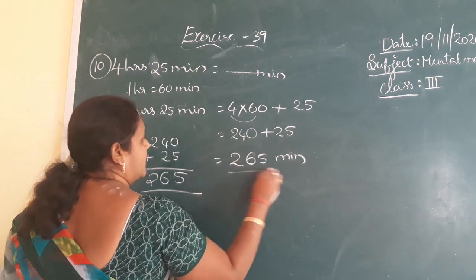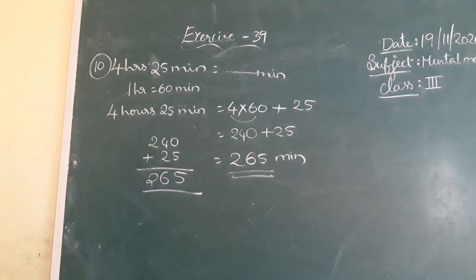What is 4 hours 25 minutes? It is nothing but 265 minutes.